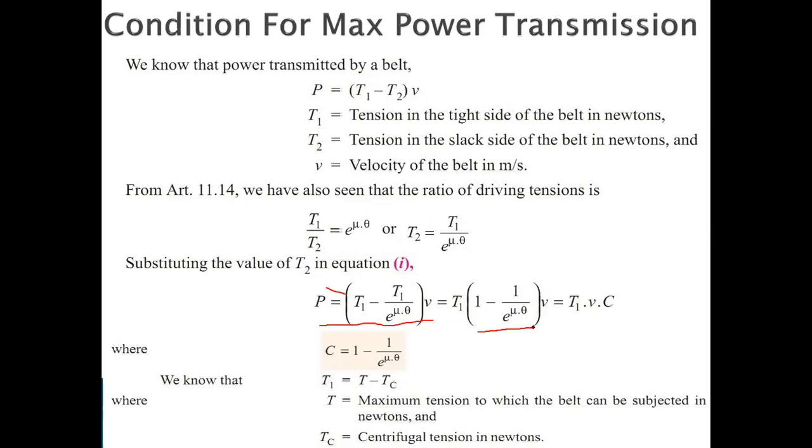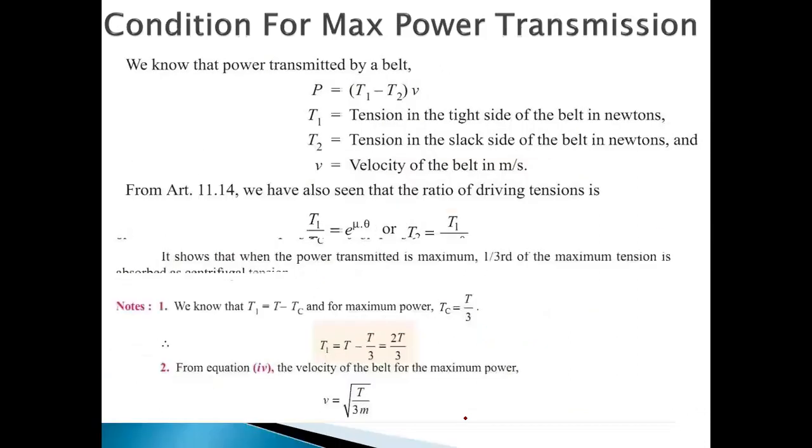where we take 1 minus 1 upon e raised to mu theta as a constant C. Now we know that T1 is equal to T minus Tc, where T is the maximum tension to which the belt can be subjected, in newtons, and Tc is the centrifugal tension in newtons. For maximum power, Tc is equal to T upon 3.